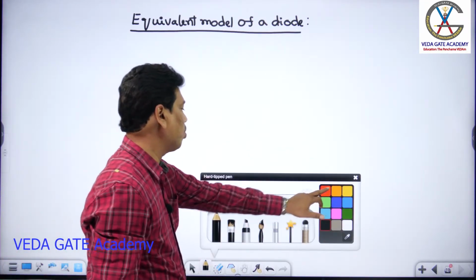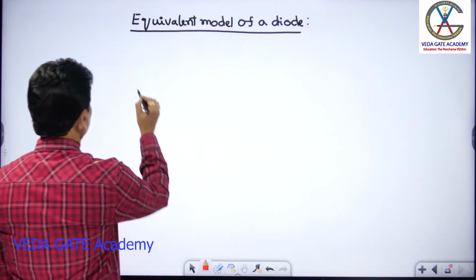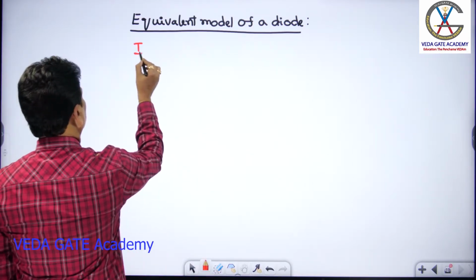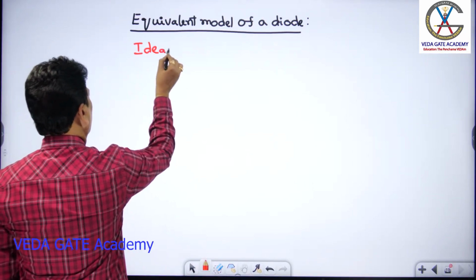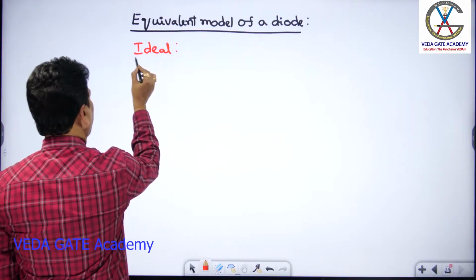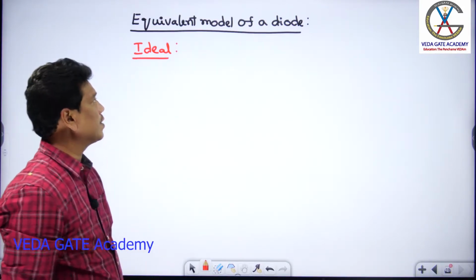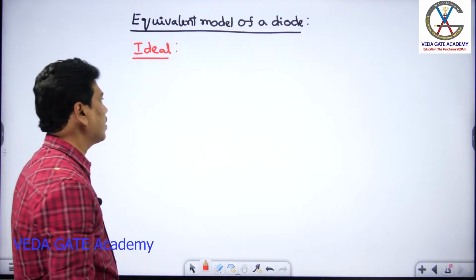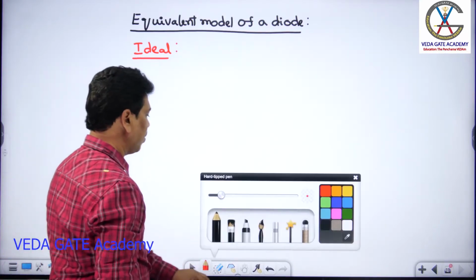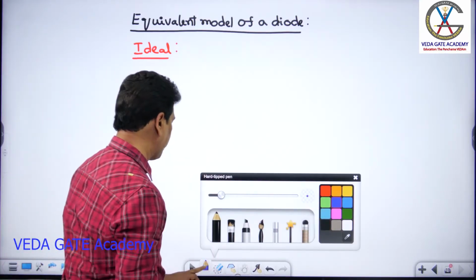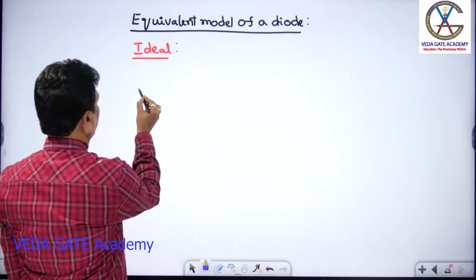First, the ideal condition. Already I told that for ideal condition the barrier effect is 0 and the diode resistance is unlimited. Based on that, in the ideal condition, the diode looks like a switching element. So this is the equivalent model of a diode.